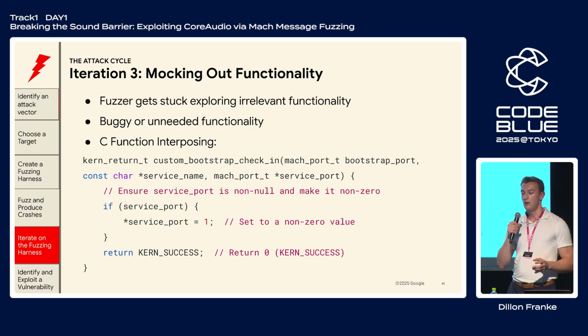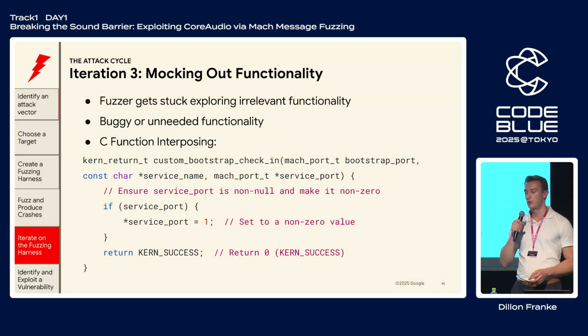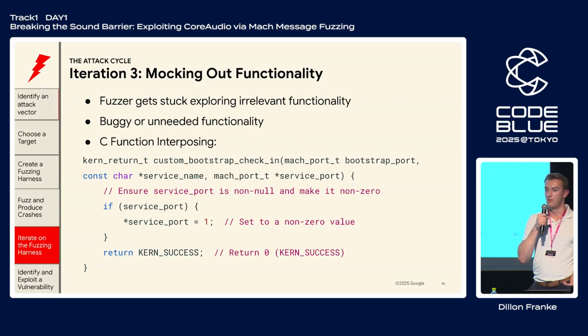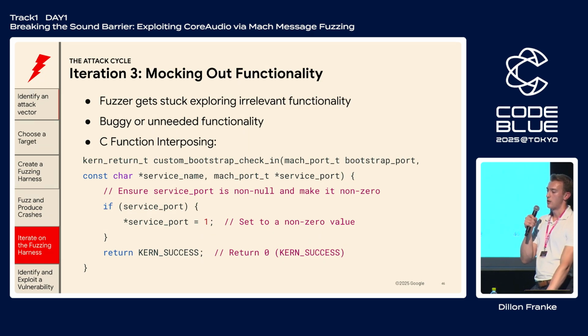We can, however, create our own custom version of this function that just returns KERN_SUCCESS, and then have that fire instead of the actual check-in function. So this is useful, and then you can just load this library so that it fires instead of the actual bootstrap check-in.